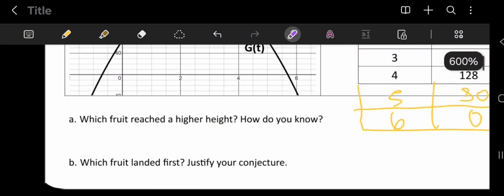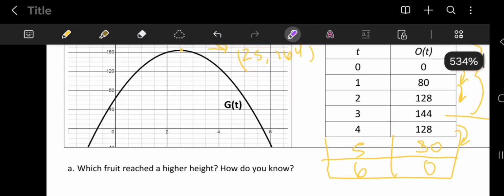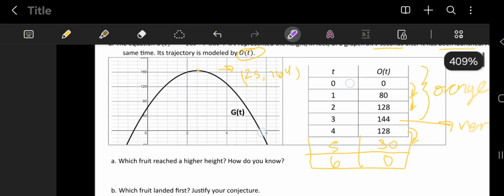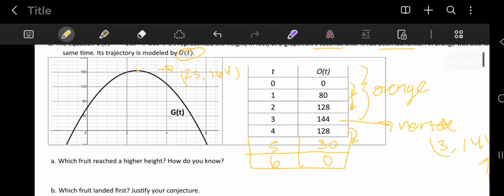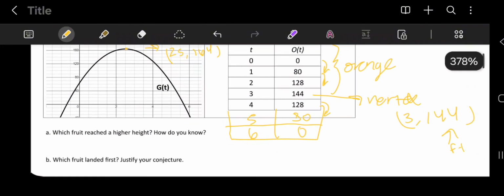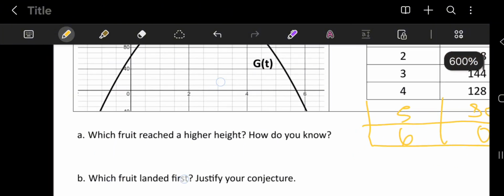The way this helps us answer question A is that now that we know the max height of each of these functions, we can just straight up compare the numbers. If the max height that g of t reached was 164, we know 164 is greater than 144, which is the max height that O of t reached. So we can answer this question real quick.